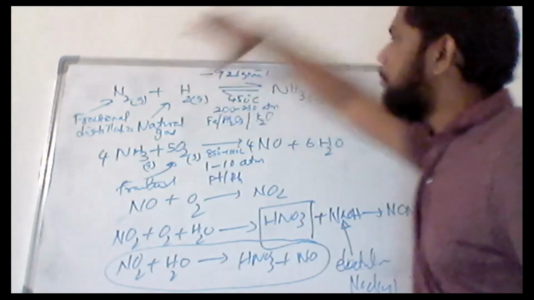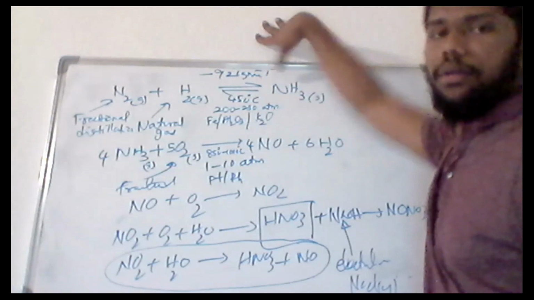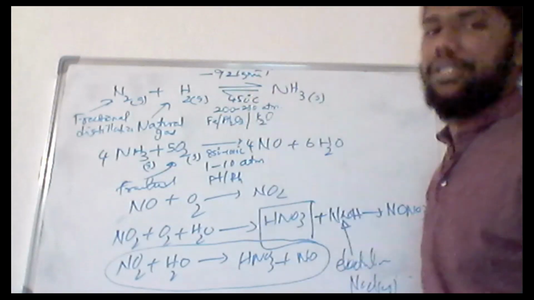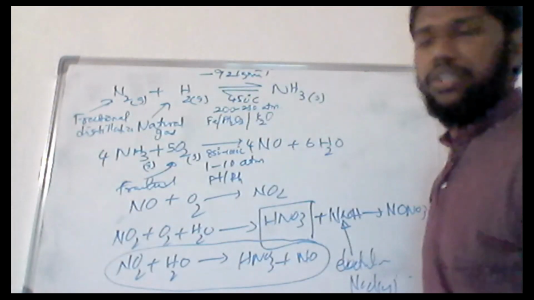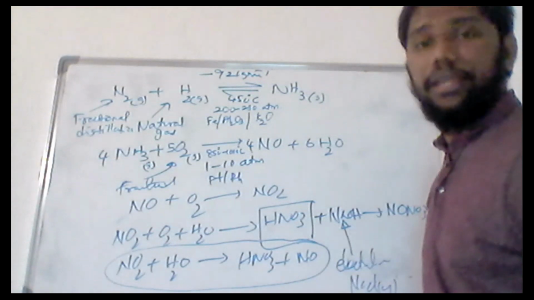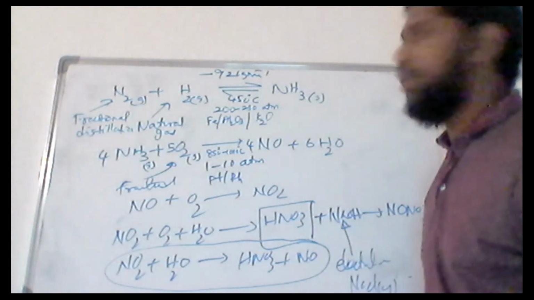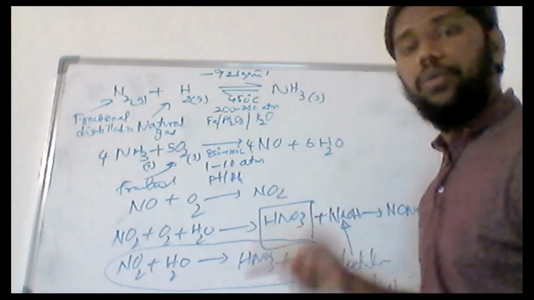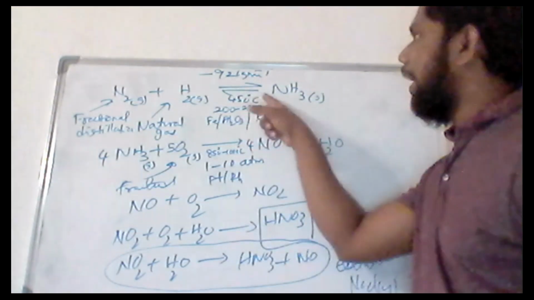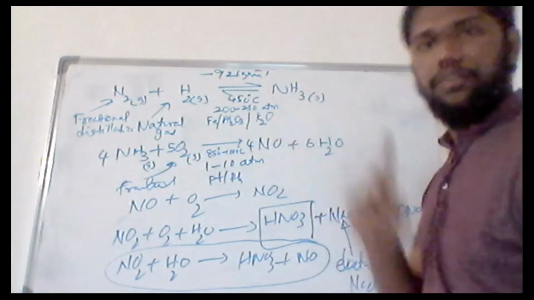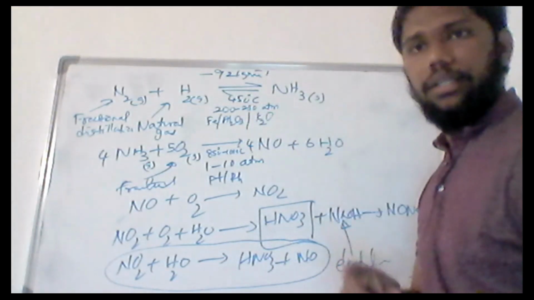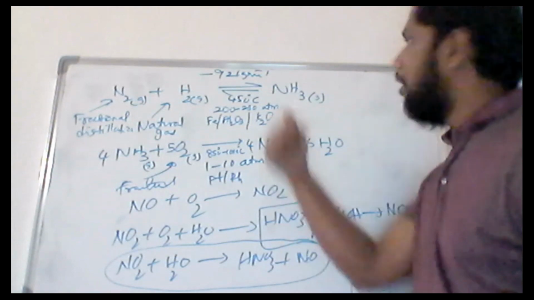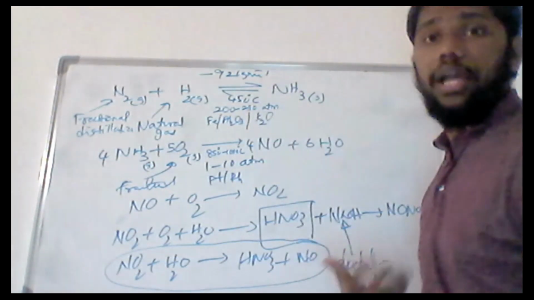So cooling the system would favor the forming of ammonia, but they have not used a low temperature. This is 450 still. The same thing goes with the SO2 plus O2 reaction. They have used an optimum temperature. Remember in SO2 plus O2, they have used 450. Here it is also 450.